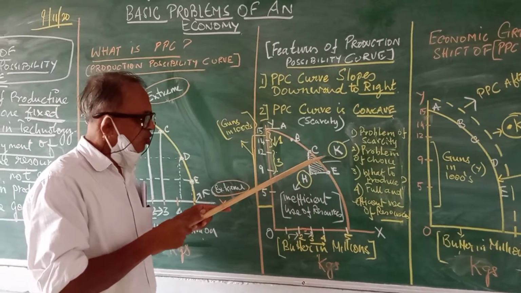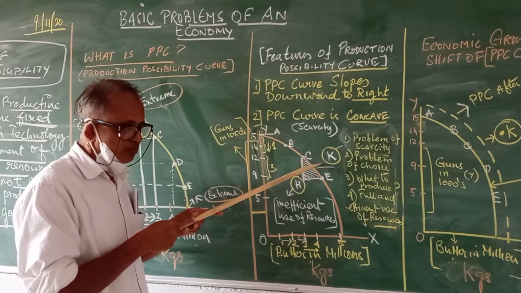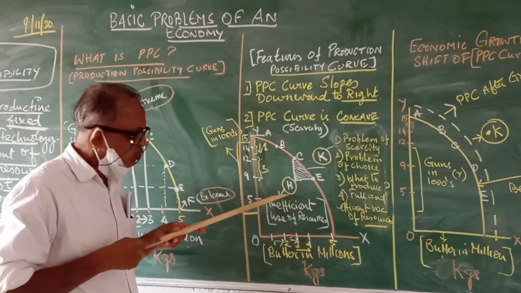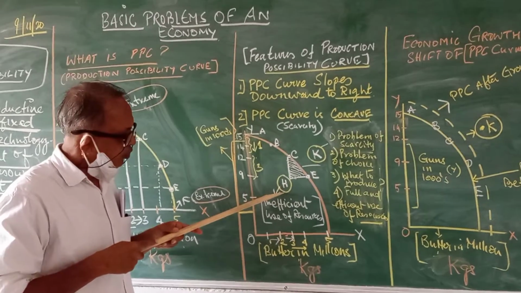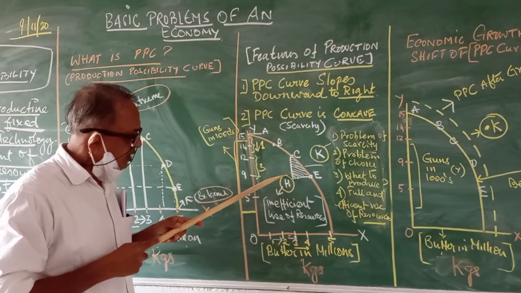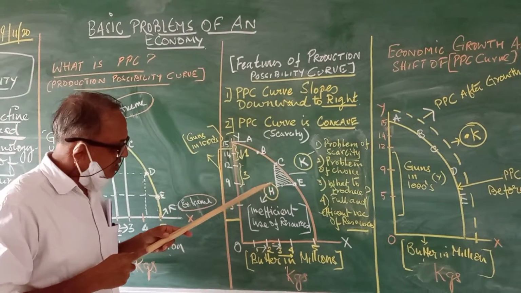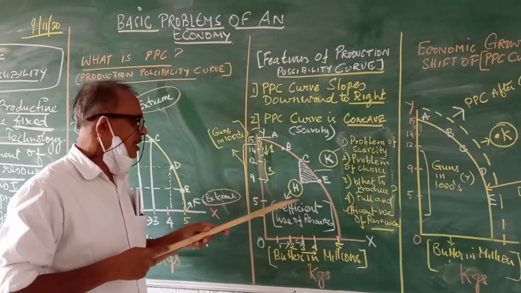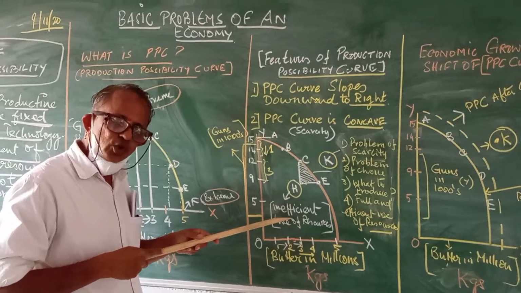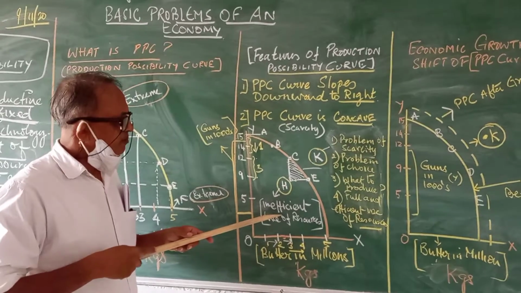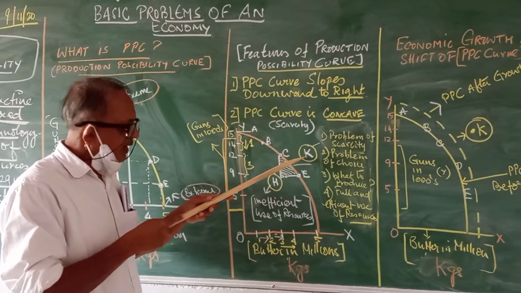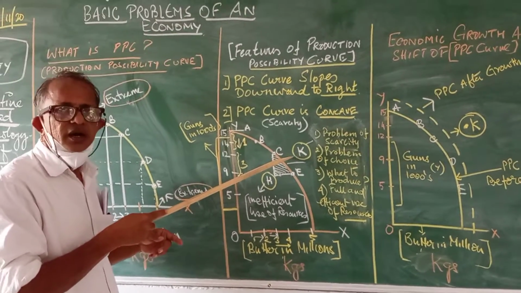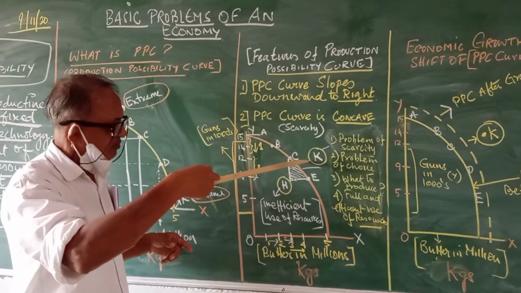See, the economy cannot go beyond the curve here to manufacture products, and it cannot allow the available resources to be used inefficiently. Therefore, if we consider this plotted point H, it means that the resources are not efficiently used, and this point K indicates that we cannot go beyond the curve.